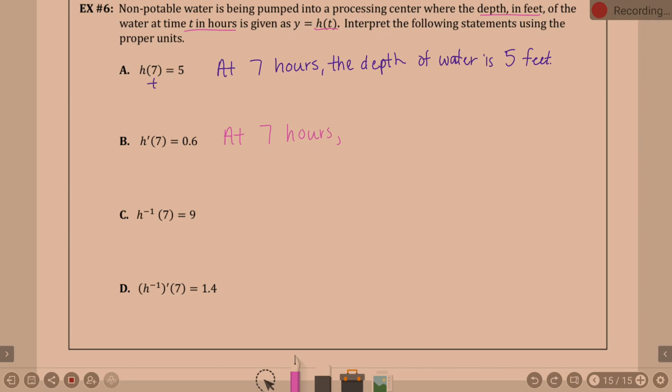So at 7 hours, the depth of the water is increasing at a rate of 6/10 feet per hour.